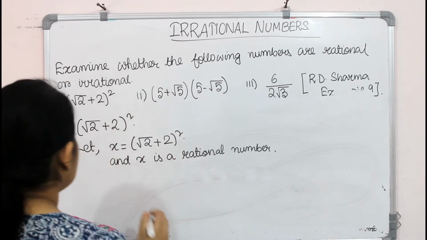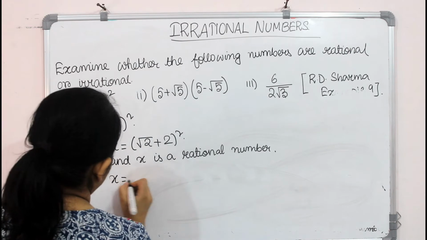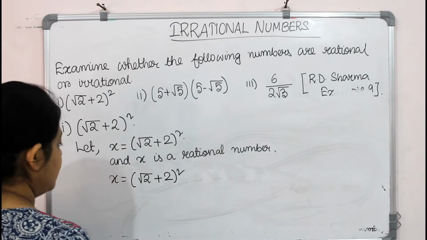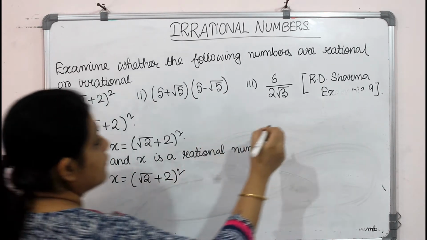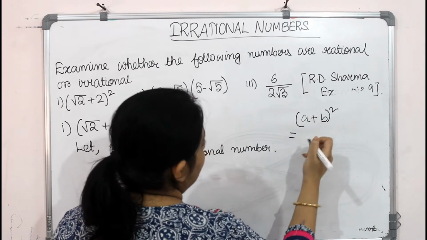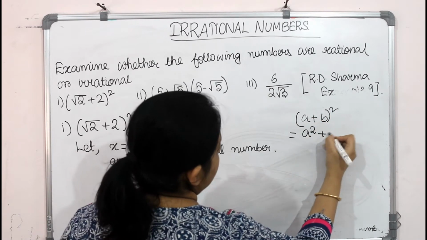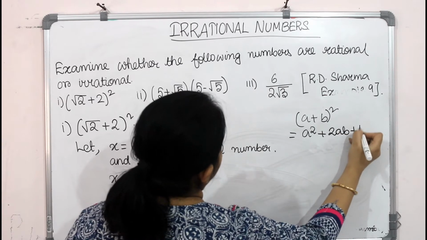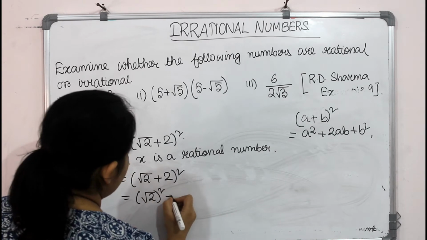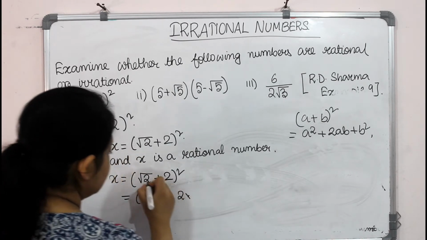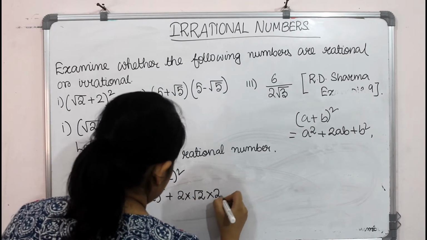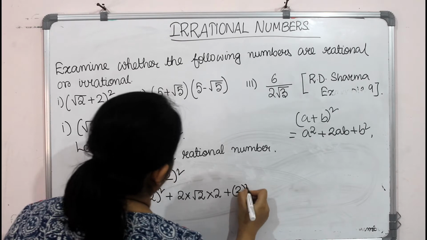Now we can write x equal to (root 2 + 2) whole square, isn't it? So this is of the form (a + b) whole square, and we know (a + b) whole square equals a square plus twice ab plus b square. So a is root 2, so root 2 whole square plus 2 into root 2 into 2 plus 2 whole square.